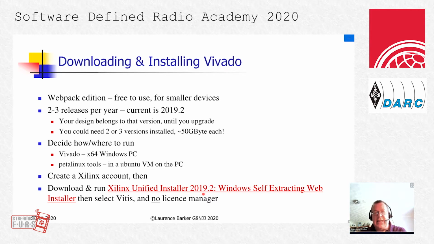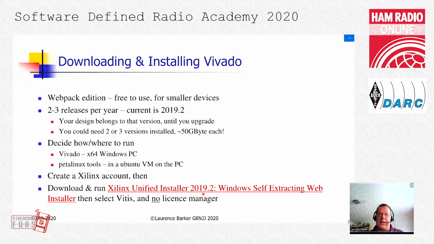You also need to decide how and where you're going to run them. I run Vivado in a Windows environment. The better Linux tools have to be run on Linux. I'm using an Ubuntu virtual machine that runs on the Windows environment, but you could run the whole lot on Linux if you wanted to.